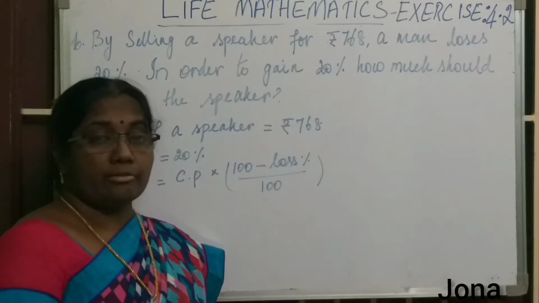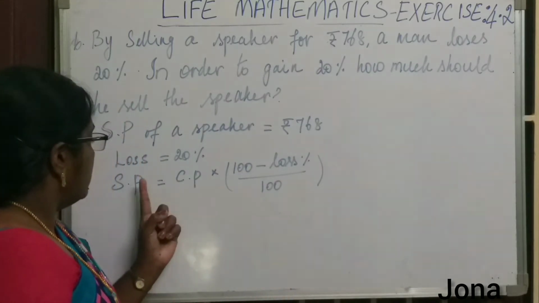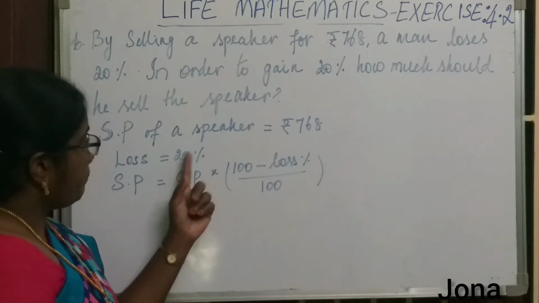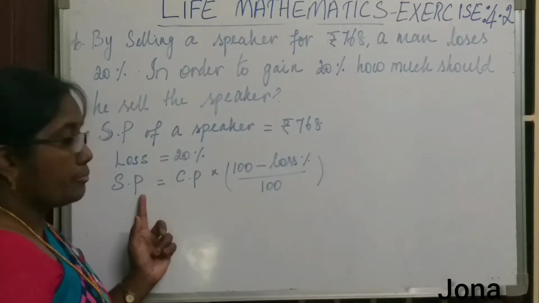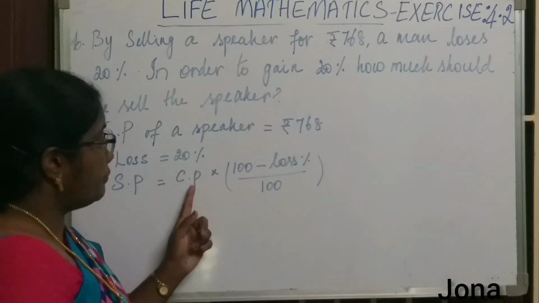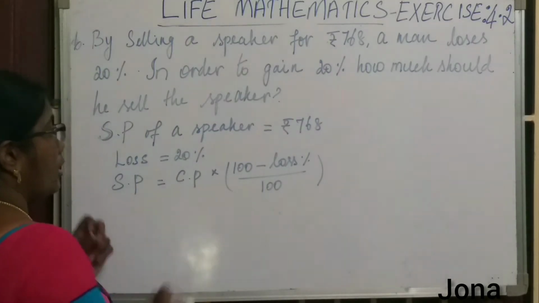Okay, so let me calculate the CP now. For this CP, we have the formula that SP, loss is given. Loss and SP is given. We have the formula for SP. From this, we want to find the value of CP. Okay, so substitute all the values here.